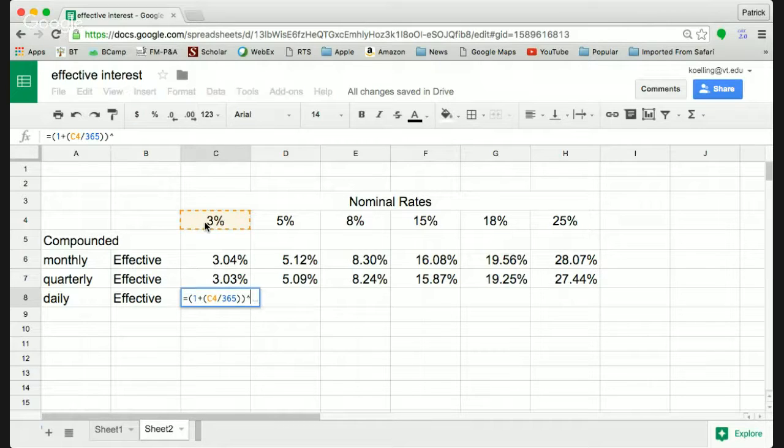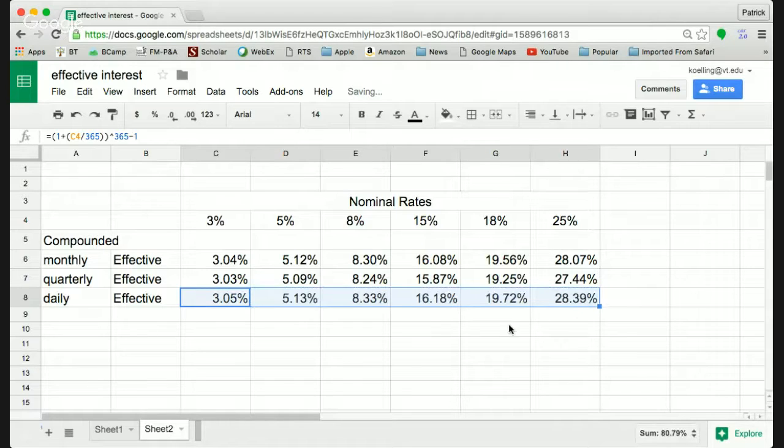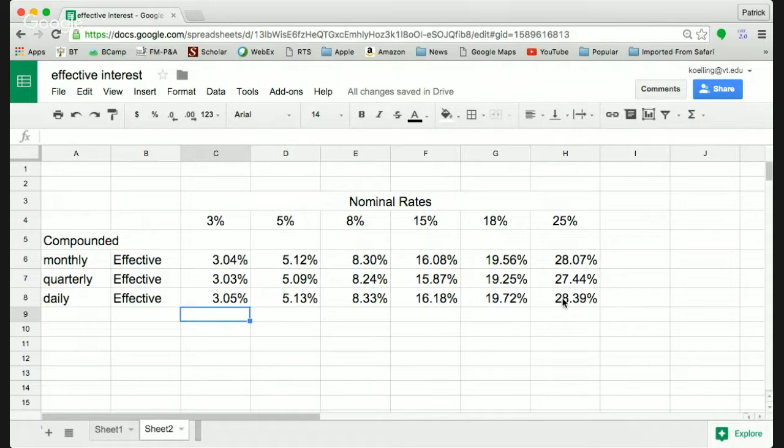Taken to the power of 365, minus 1. 3.05%. Doesn't look too terribly bad, but certainly we would have expected, and it's borne out, that with daily compounding, that effective interest rate is even higher. And as we take this on out, we can see that, yes, the effective interest rate is largest for the more frequent compounding of daily compounding.